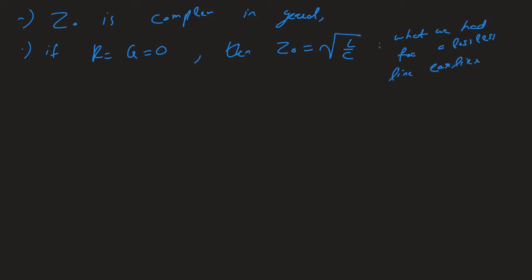Right. So this is the impedance at every point, right? So this factor, the square root of iota omega L plus R over iota omega C plus G, is the characteristic impedance of the transmission line at every point, looking towards the right, and you will find the same characteristic impedance looking towards the left, right?